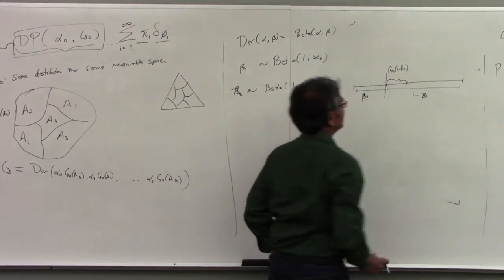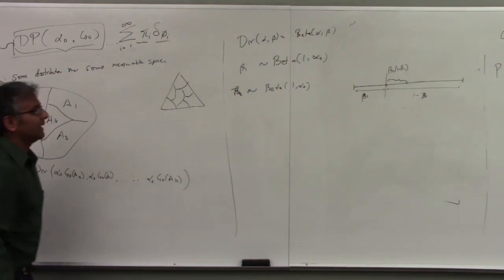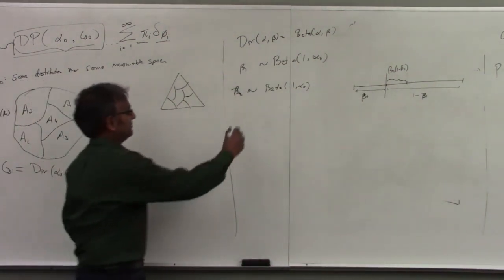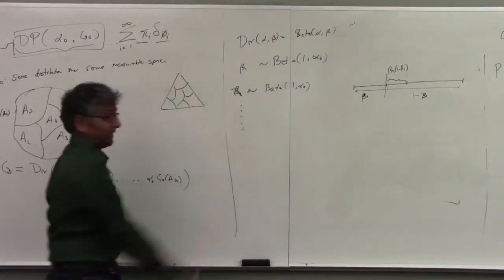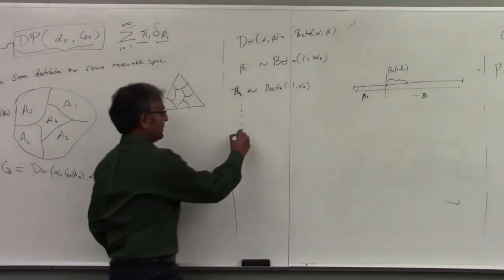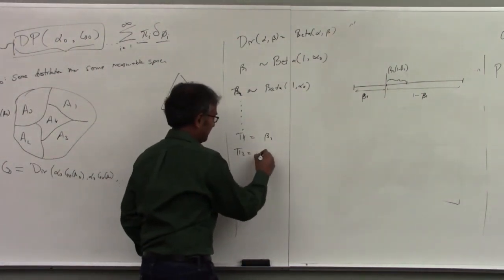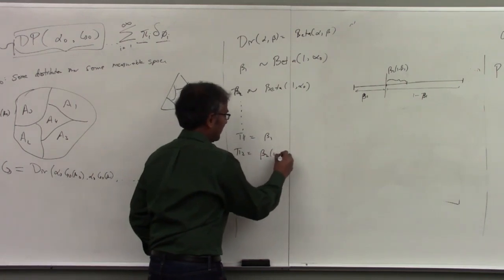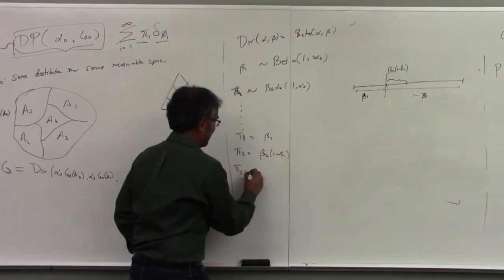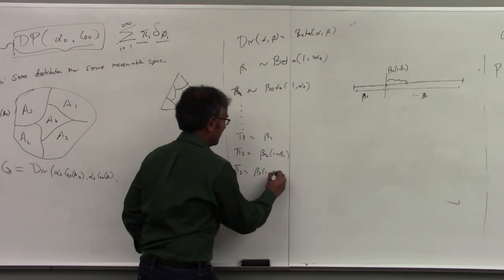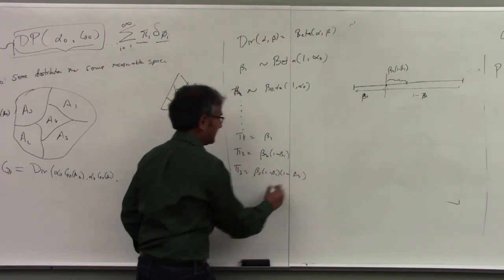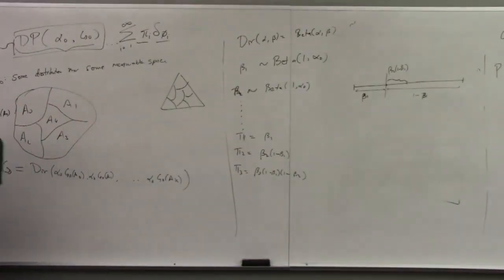Okay. And so on. So you keep doing this. And so you get pi 1 is equal to beta 1, pi 2 is equal to beta 2 times 1 minus beta 1, pi 3 is equal to beta 3 times 1 minus beta 1 times 1 minus beta 2, and so on and so forth.